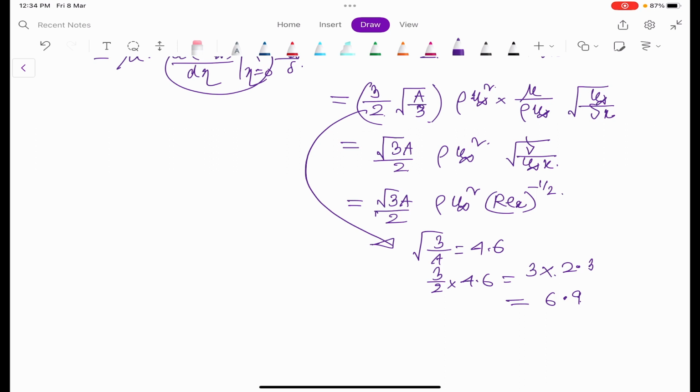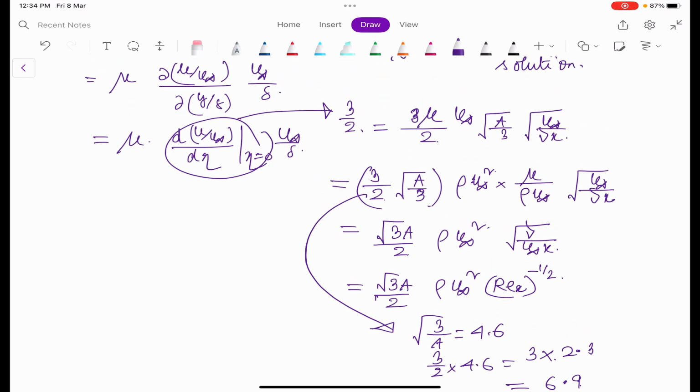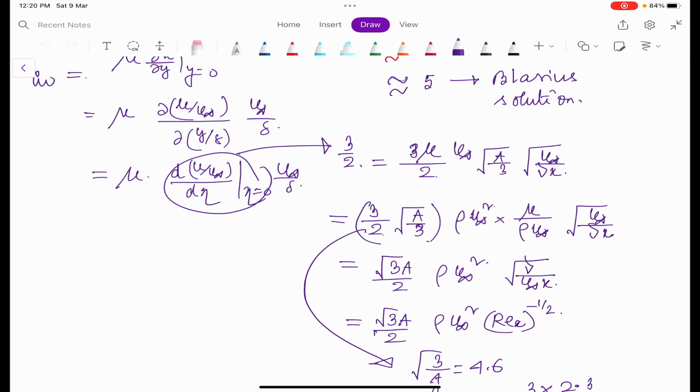So these are the values. By these things you can find the approximate values of the shear stress, the coefficient of friction, etc. So up till now we have solved for the hydrodynamic boundary layer. How should the velocity profile look like, what should be the expression for the boundary layer thickness.